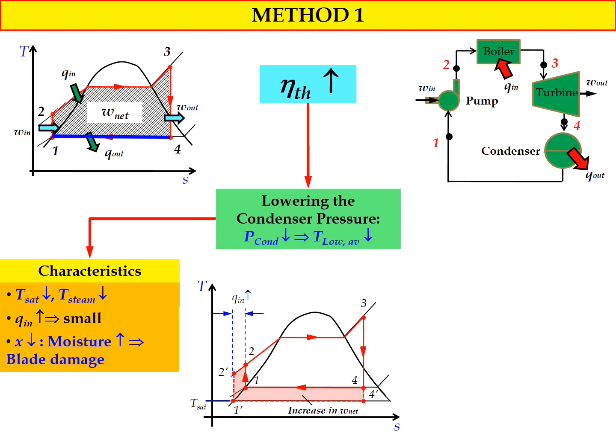We need to avoid the increase of moisture content, because this will damage the surface of the turbine blade. So these are the characteristics if we lower the condenser pressure for the Rankine cycle.